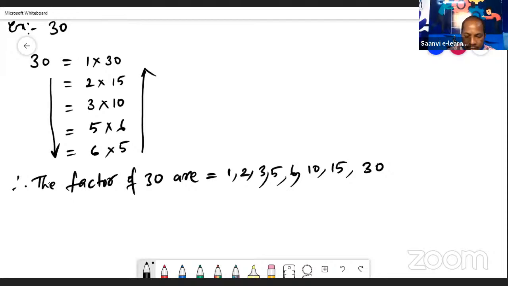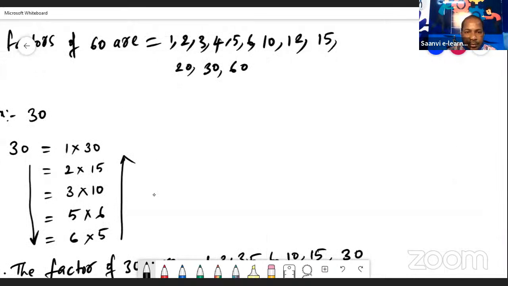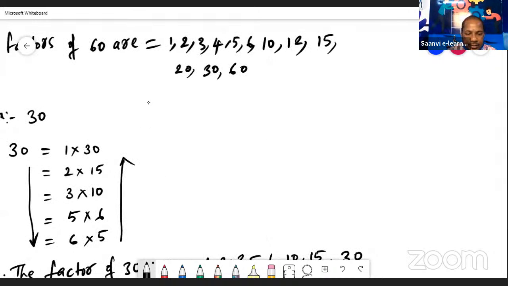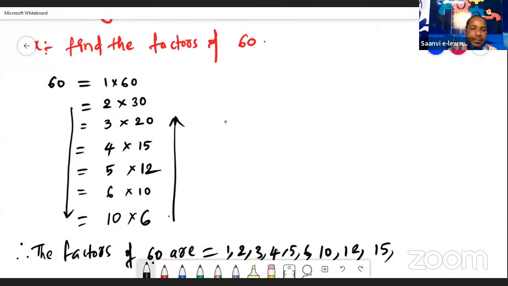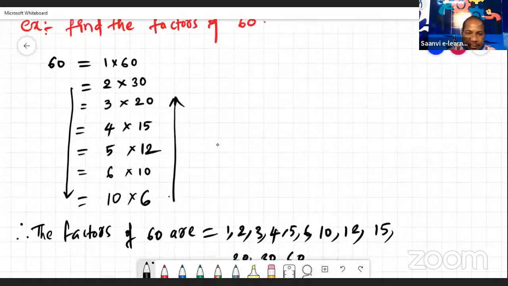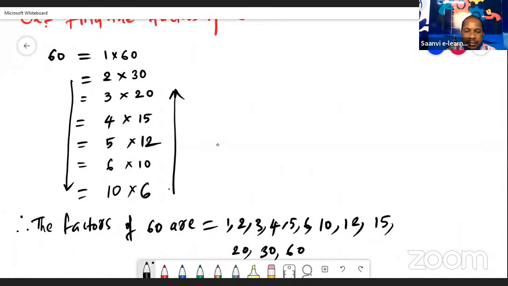So you might have understood very well. Once observe the factors. See, if we observe these 2 examples, see here, if we observe the factors of 60, see, 1 is there and 60 also is there. Okay, 1 is dividing the number 60 and the same number 60 also divides 60.